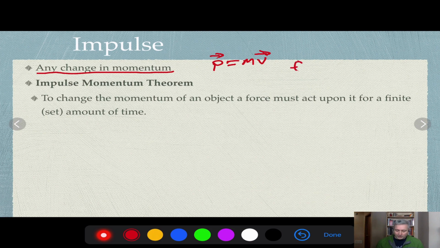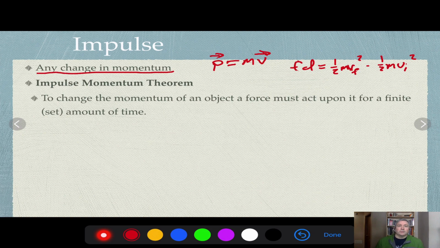We used the work kinetic energy theorem. Work is force times distance equals 1/2 mv final squared minus 1/2 mv initial squared. Well, m and v give us kinetic energy. They also give us momentum. Different formula, but a force causes a change in kinetic energy by the work kinetic energy theorem.